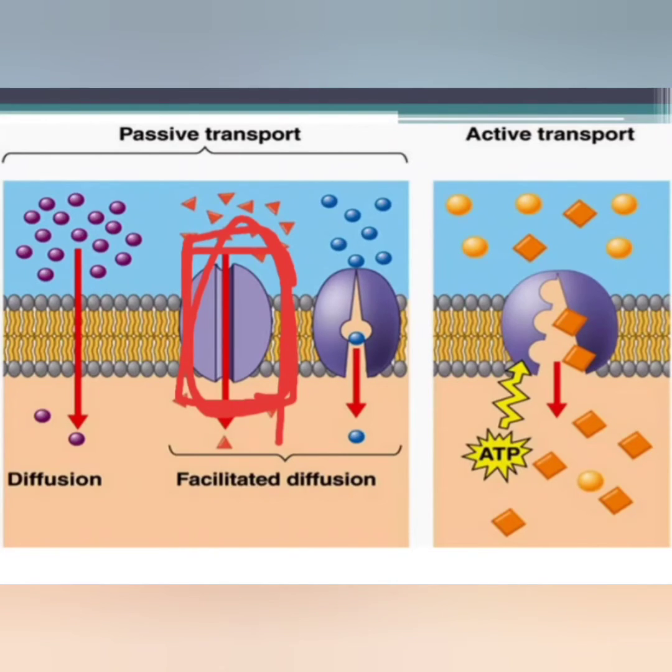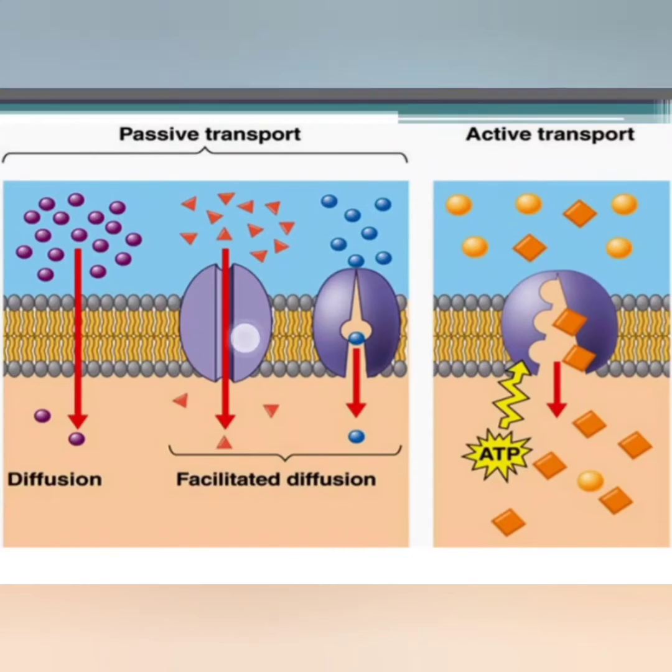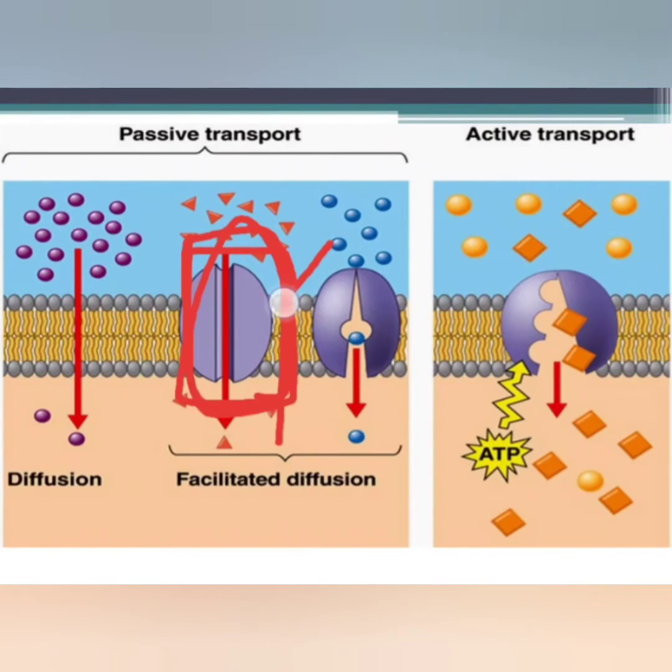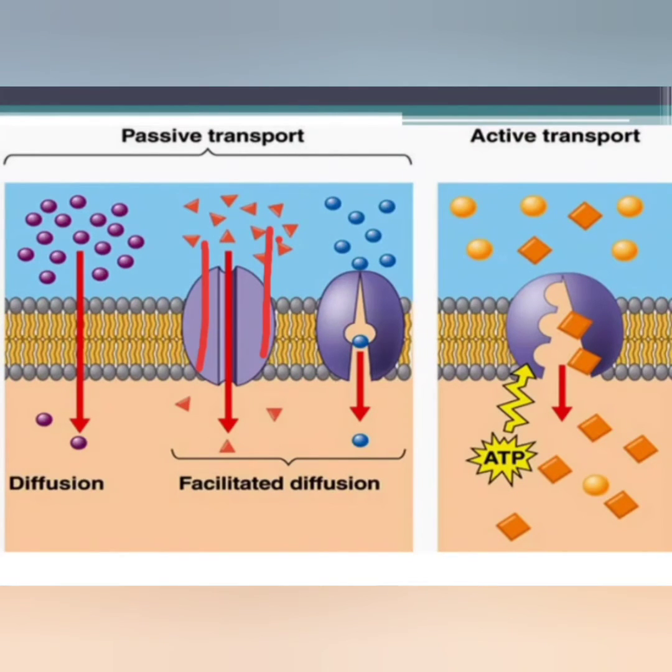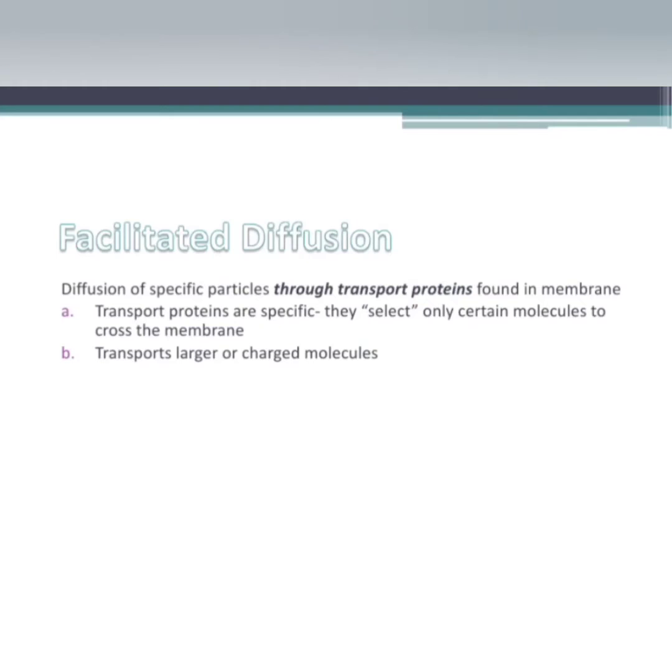The molecules are moving through these special gates, but no ATP is used as in active transport. So this is the main difference between the passive transport, facilitated diffusion, and the active transport.